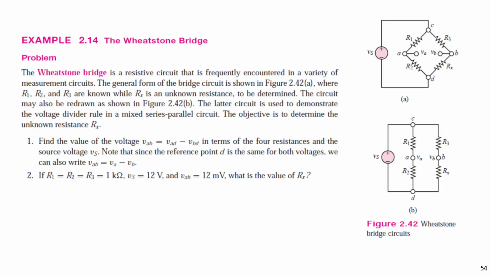If we connect the resistances in this form, we have R1, R2, R3, and Rx. Rx is usually unknown, or any value of Rx. So Rx may be some type of sensor.